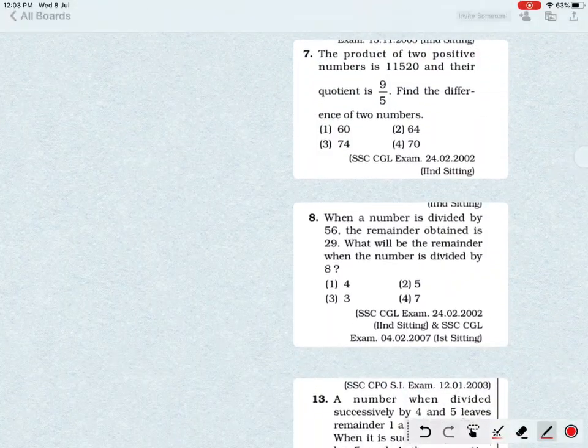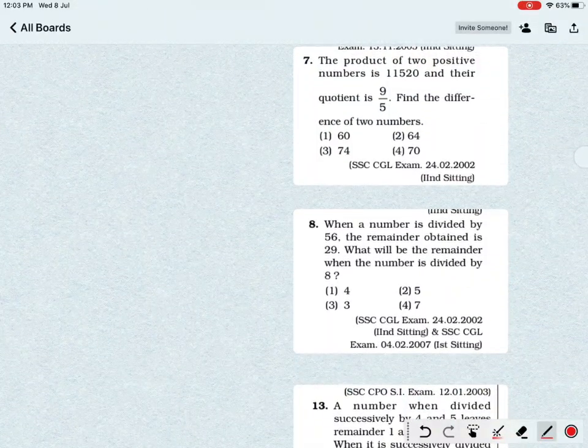So moving forward, the product of two positive numbers is 11520, and their ratio is 9 by 5. Find the difference of the two numbers. Let's say x1 into x2 is equal to 11520, and their ratio is 9 by 5.